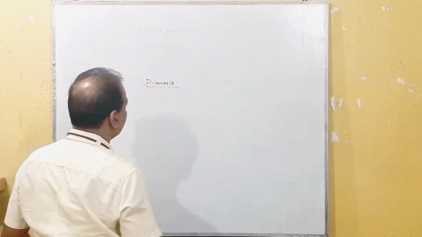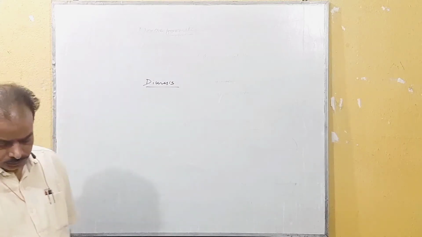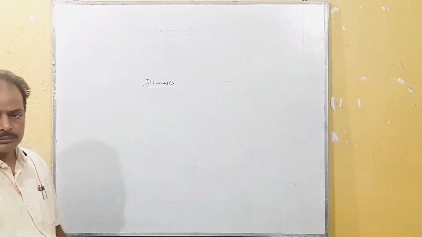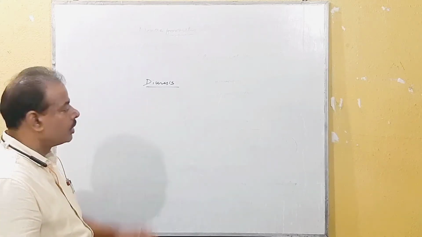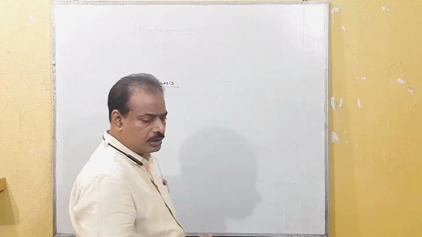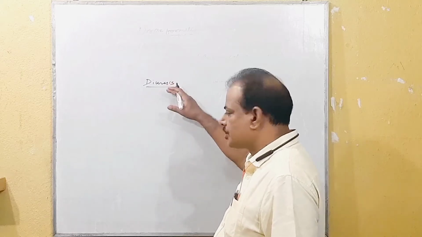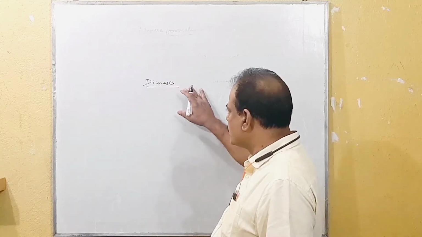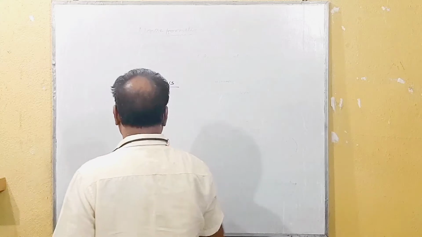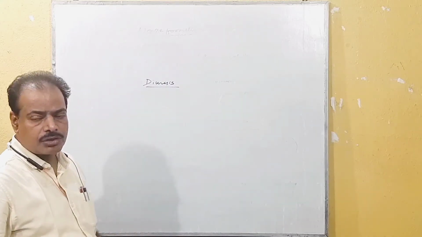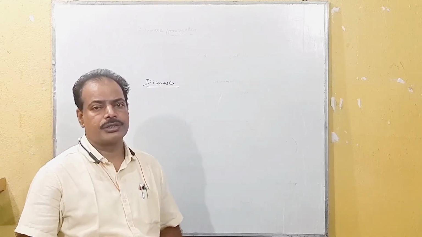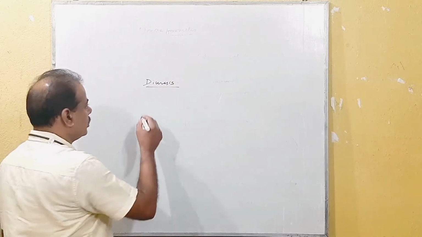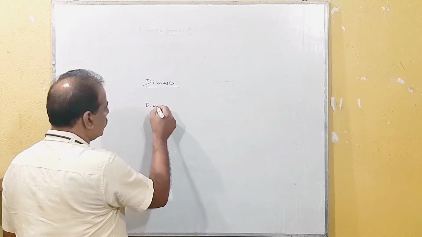Now diuresis. Diuresis means formation and removal of urine. The process of formation and removal of urine is known as diuresis. There are a number of chemical substances which help in diuresis, meaning formation of more urine, and these are known as diuretics.